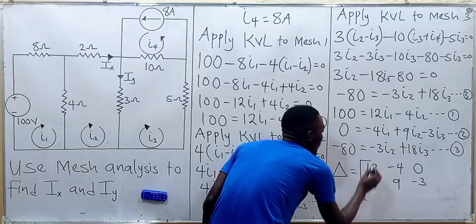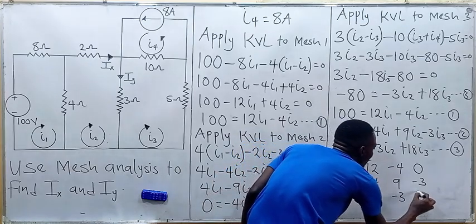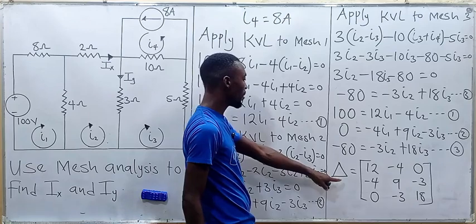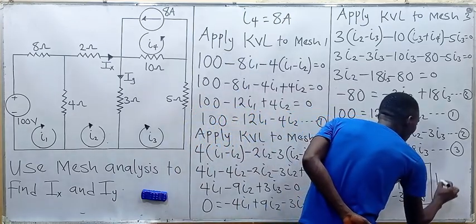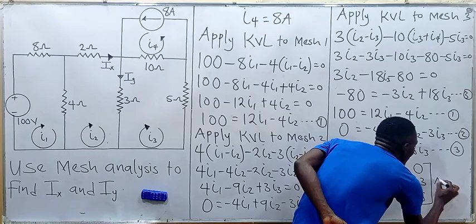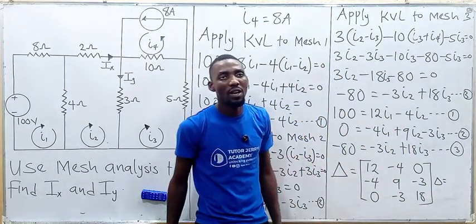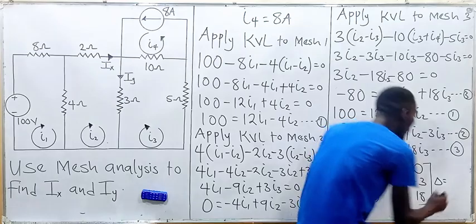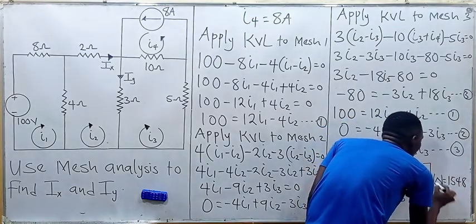Here I1 is not given, so we are going to have 0, then -3, then positive 18. If you find the determinant, you are going to have 1548. So that will be the determinant.